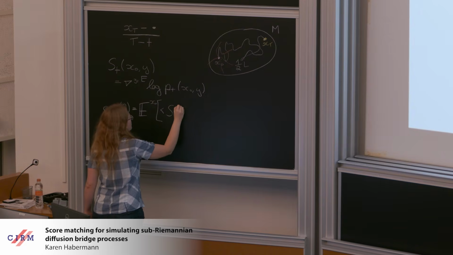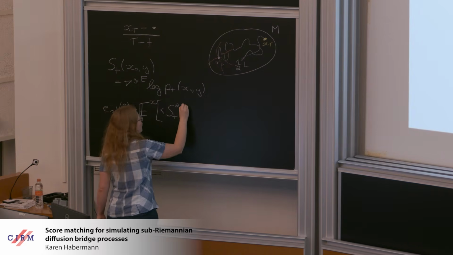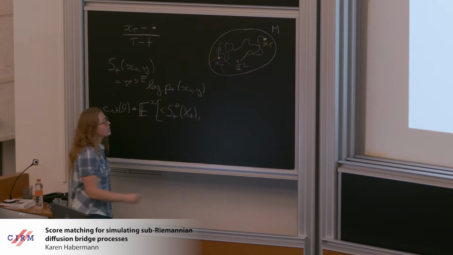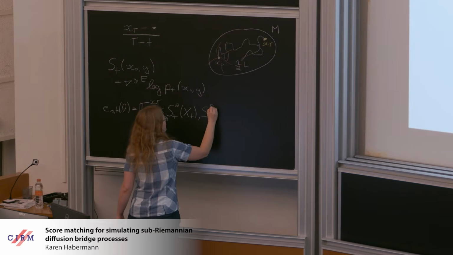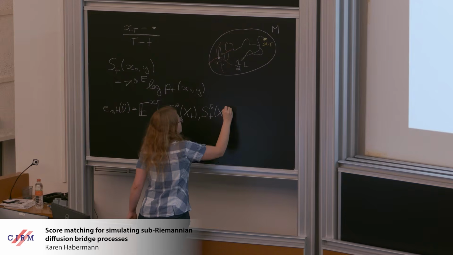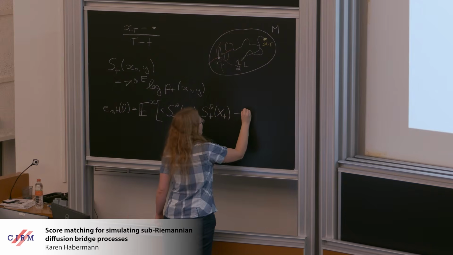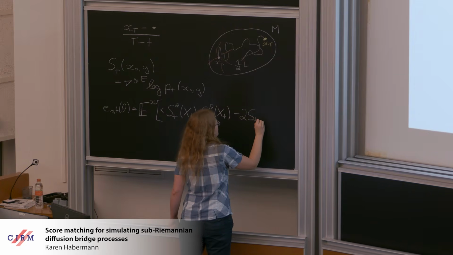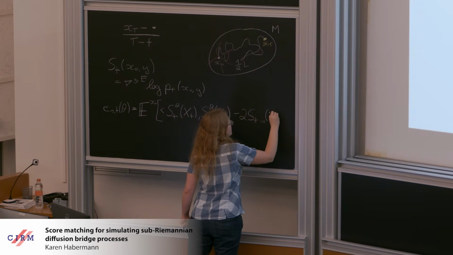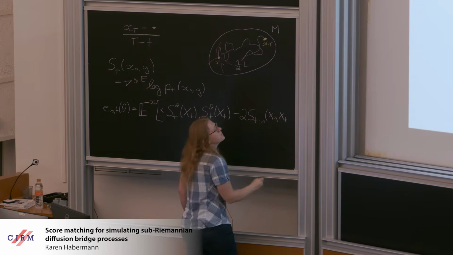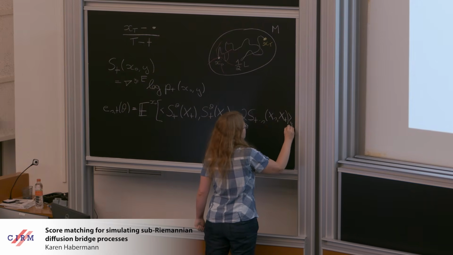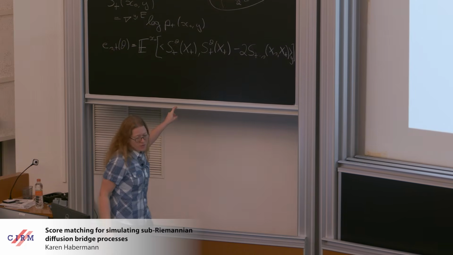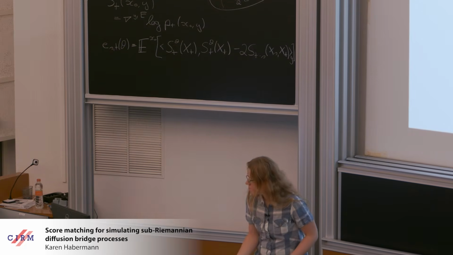Then we first basically have the norm of the approximated score appearing, and then we have this second term, which we just introduced. So we end up with that expression. We'll encounter it a few times. That's why it's helpful to have it up.